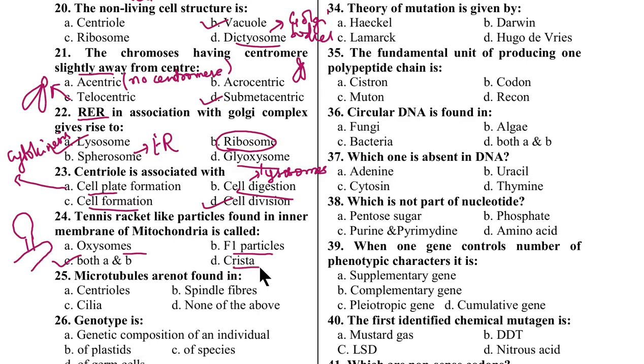Actually, the cristae are the folds of the membrane. They are not particles. They are finger-like projections. And microtubules are not found there, as they are found in cilia, centrioles, and spindle fibers. So our answer is none of the above.